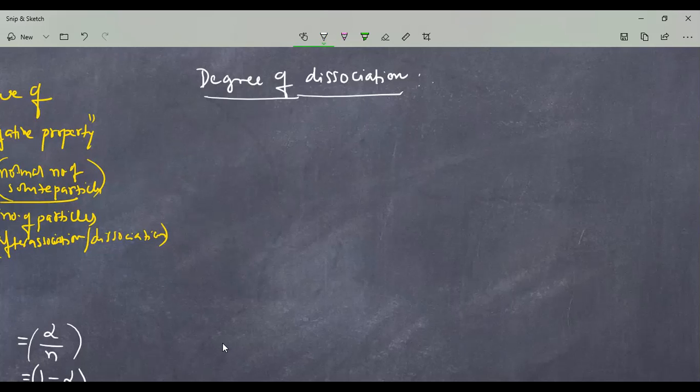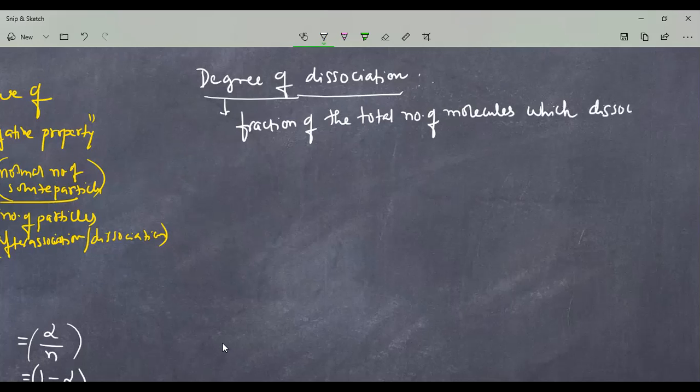If A dissociates, how can it be understood? The degree of dissociation for any substance is said to be the fraction of the total number of molecules which dissociates, that is, breaks into simpler molecules.